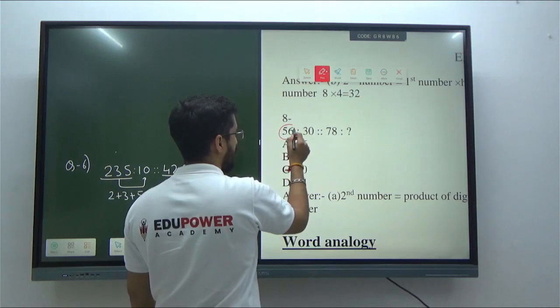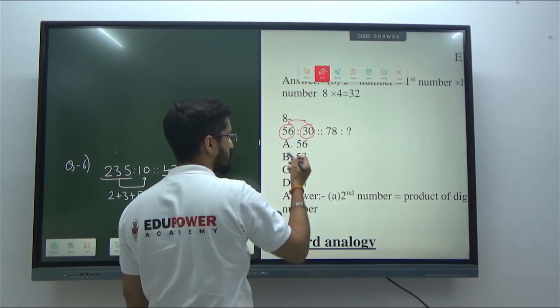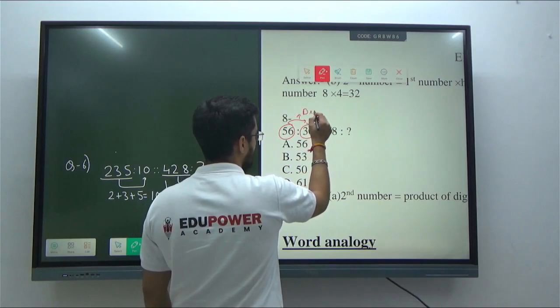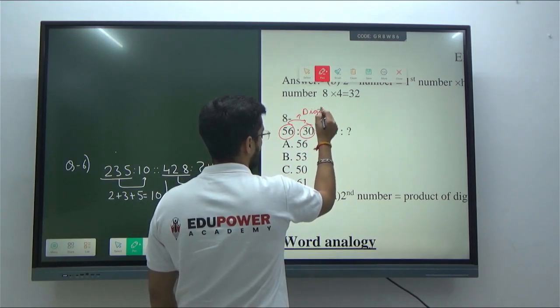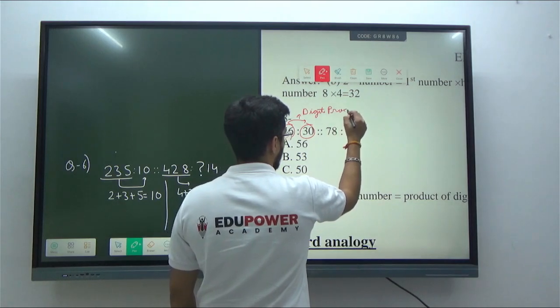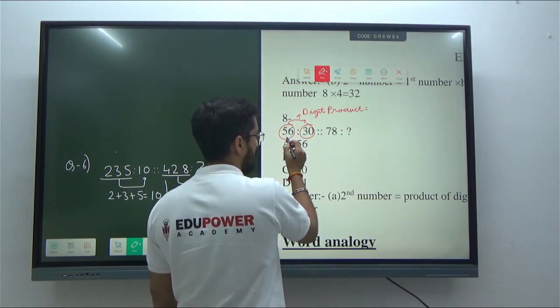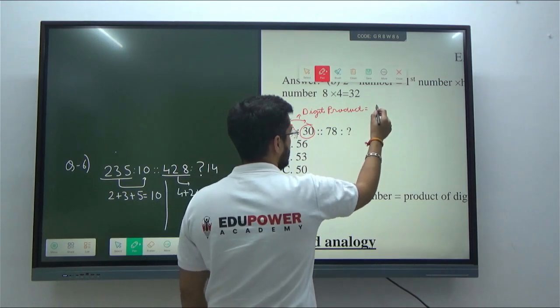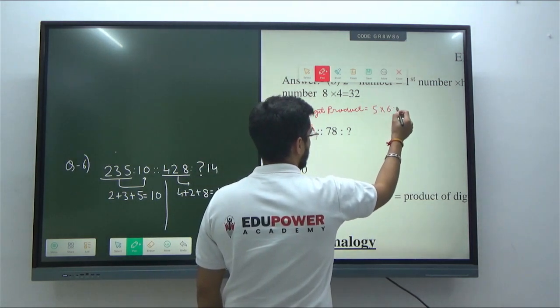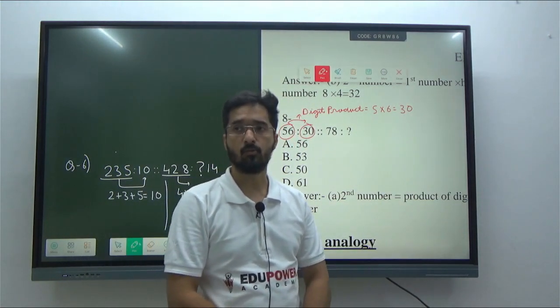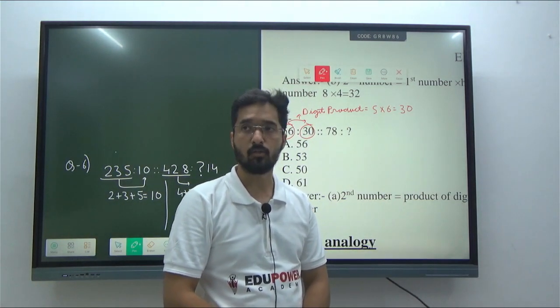How can we get 30 from 56? If we take the digit product, the digit product of 56 is what? 5 into 6 is equal to 30. The digit product is 30.